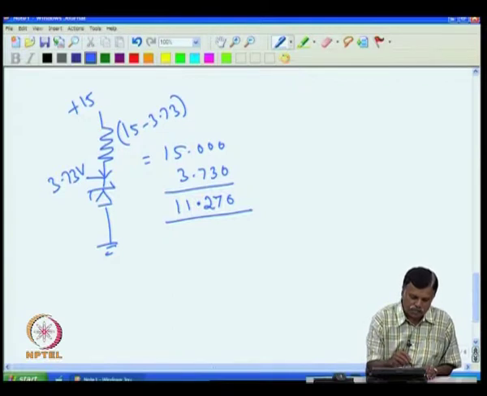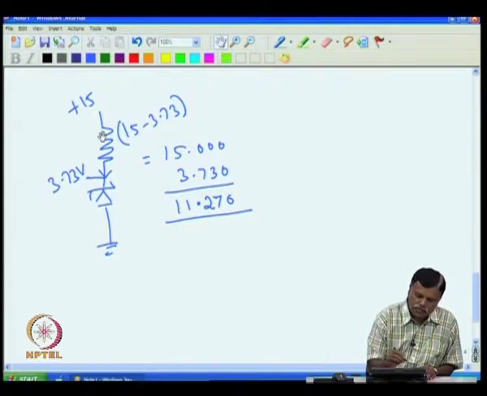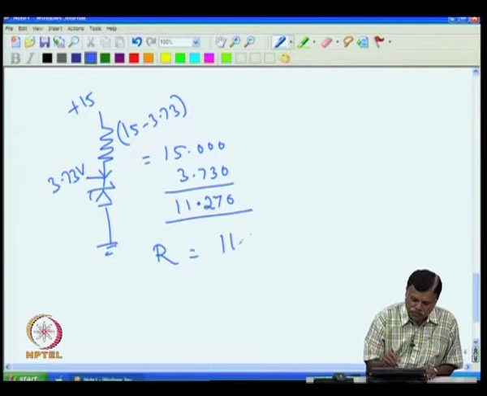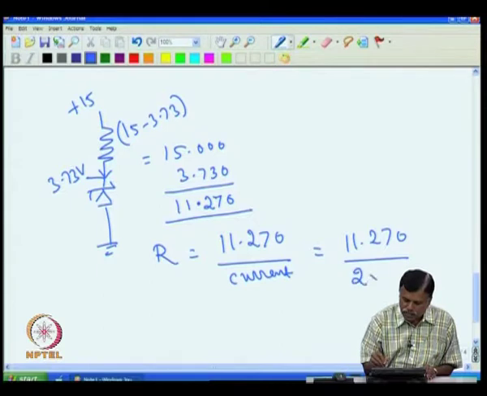So, if I want to pass 2 milliampere current through this, then the voltage across this resistance in the worst case will be 11.27 volt. So, with 11.27 volt, if I want 2 milliampere current through it, then the resistance value R will be 11.27 volt divided by the 2 milliampere current I take.